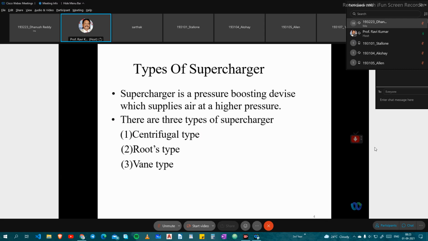So you can use a centrifugal type, a roots type, or a vane type of supercharger. You may know them as the centrifugal blower, roots blower and vane blower. These blowers are connected to the inlet manifold of your engine, and you are going to improve the thermal efficiency of the engine and get good, complete combustion of the fuel inside the engine.